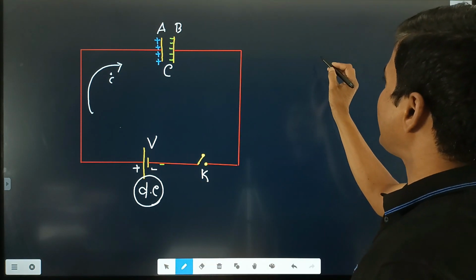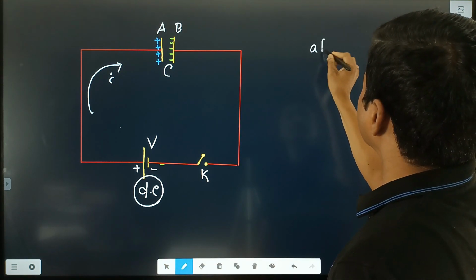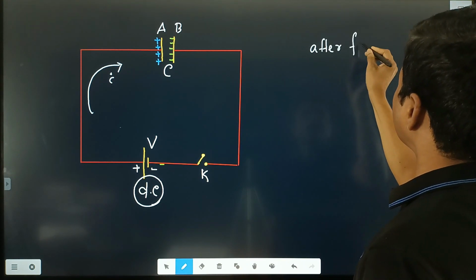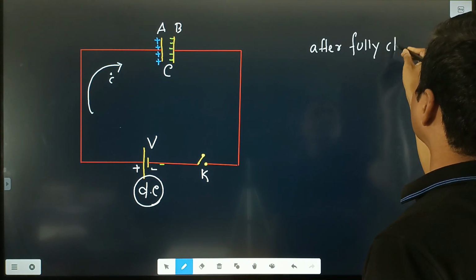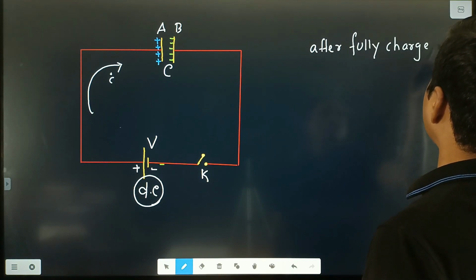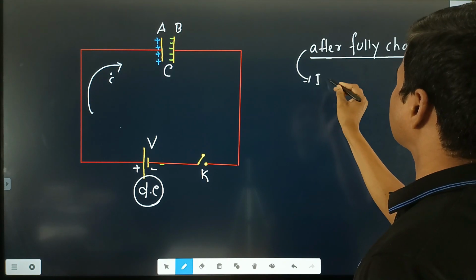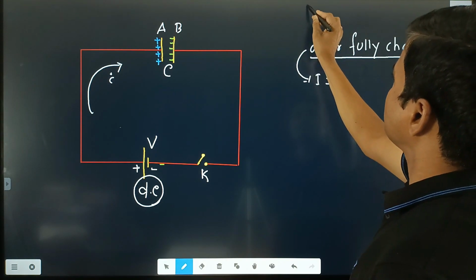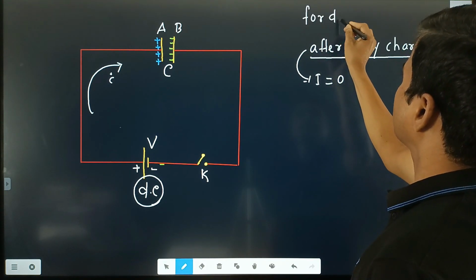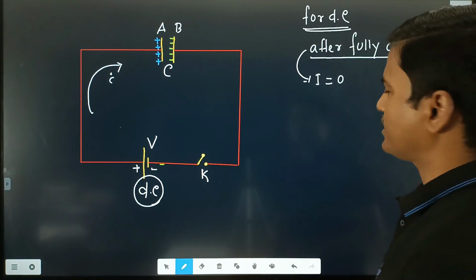That means after fully charged, the current flowing through the circuit is 0. This is for DC, this is for direct current.